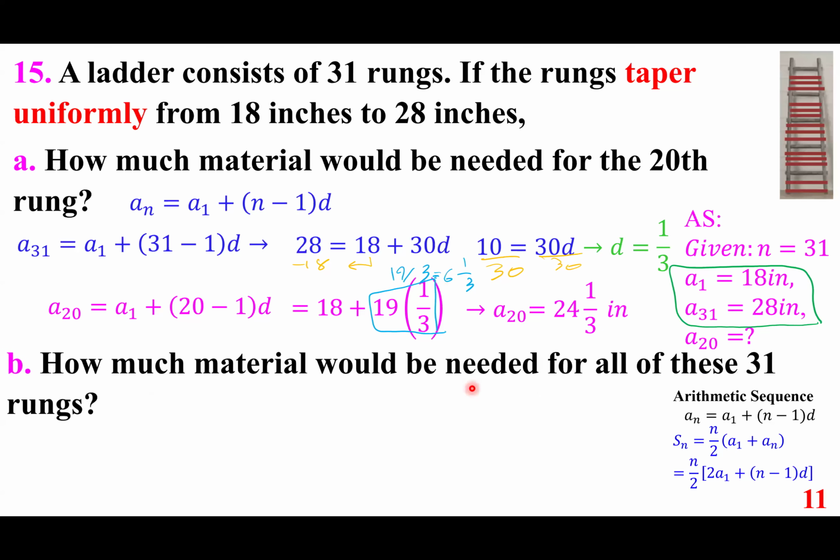How much material would be needed for all of these 31 rungs? So we want S sub n, we can use either this formula or that formula. The first one and the last one are known, so it's easier to use this formula.